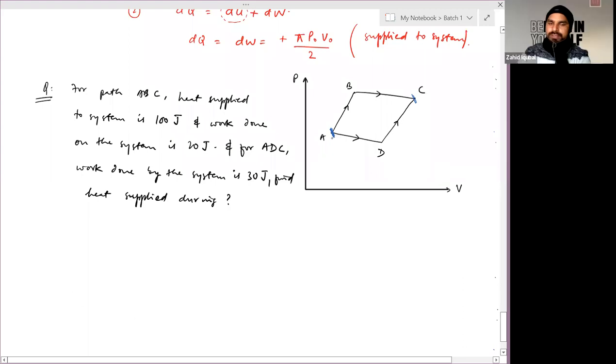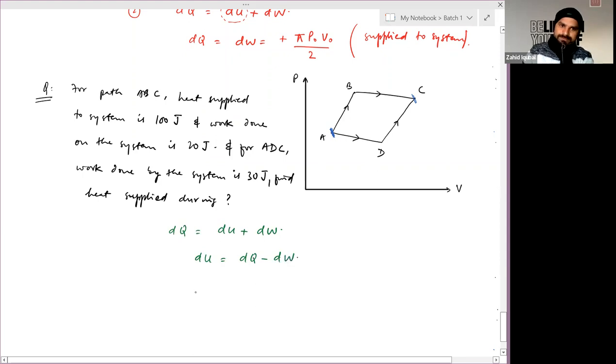Since we have same initial A and same final C, so for both these two paths, we'll have same internal energy. So according to first law, dq equals to du plus dw. So du is equals to dq minus dw.